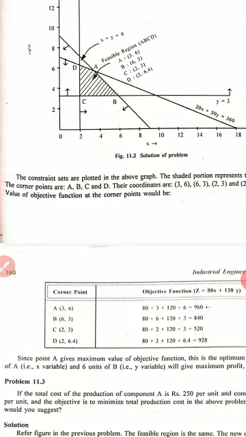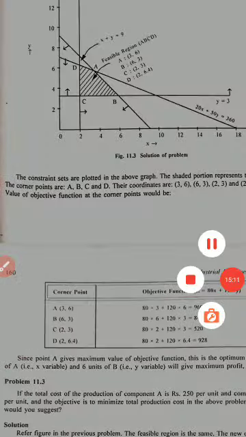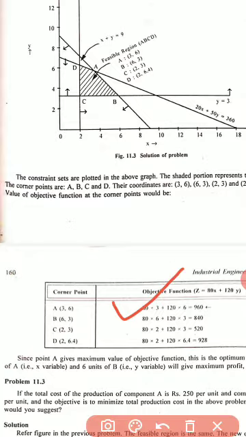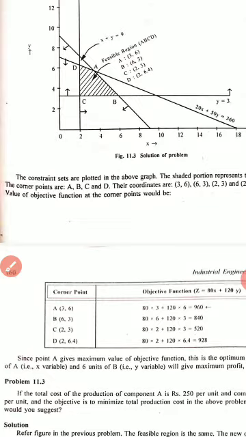The solution at point A will tell us that we have to produce 3 components of x and 6 components of y in order to have the maximum profit, and this is our solution. So in this way we have to solve the LPP problem by using graphical method.